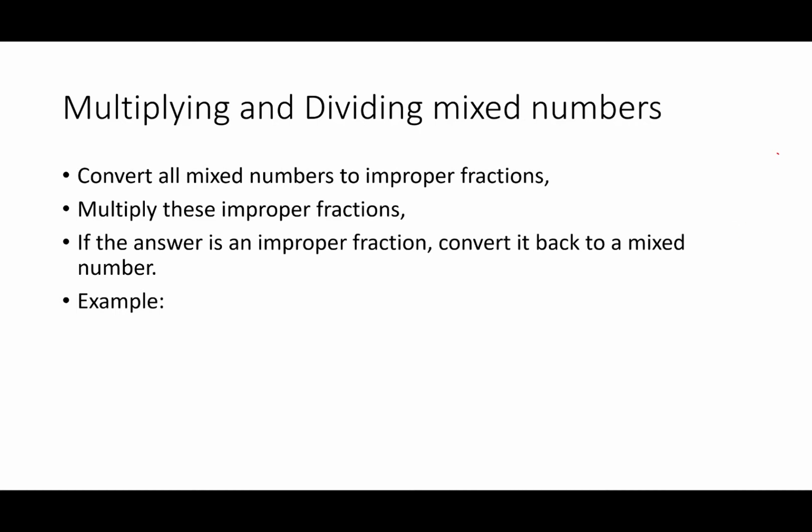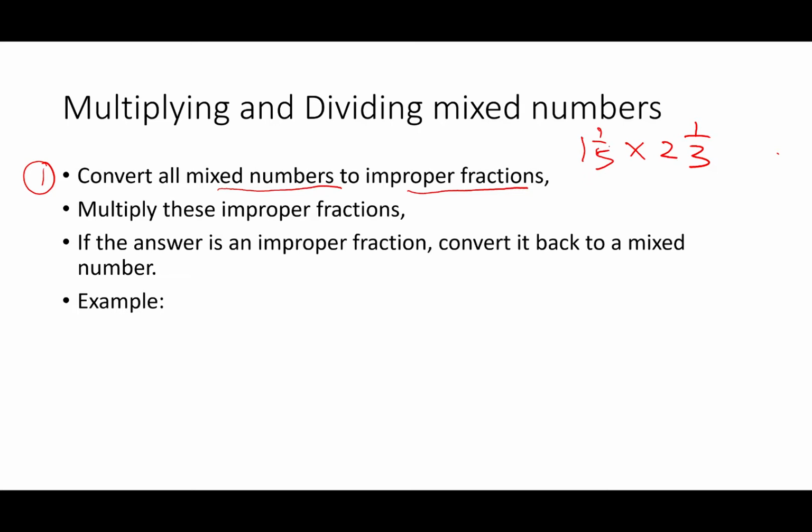There are a few steps when we do the multiplication. The first step: we convert all mixed numbers into improper fractions. For example, if we have 1 and 1/5 multiplied by 2 and 1/3, following the first step, we convert the mixed numbers into improper fractions.